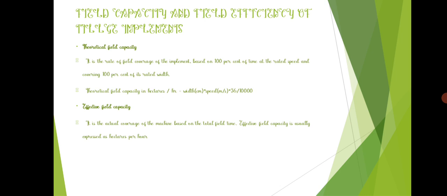Effective field capacity is the actual coverage of machine based on the total field time. Effective field capacity is usually expressed as hectares per hour.